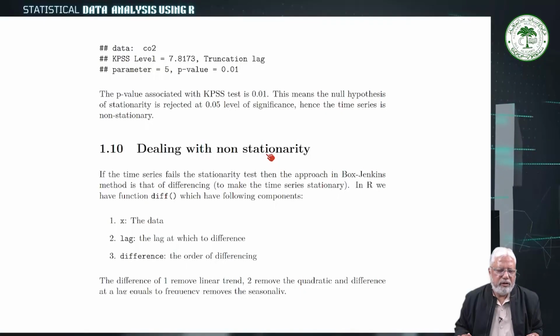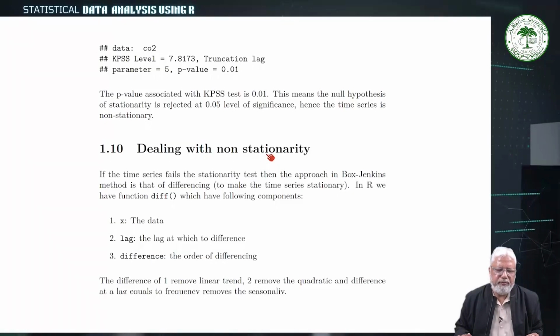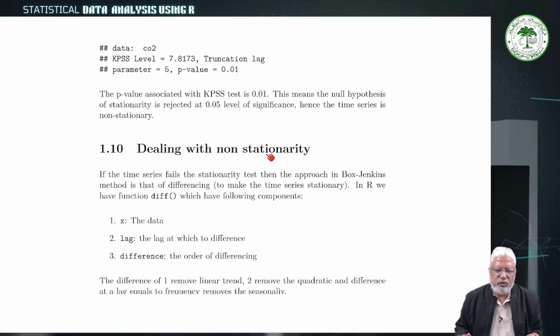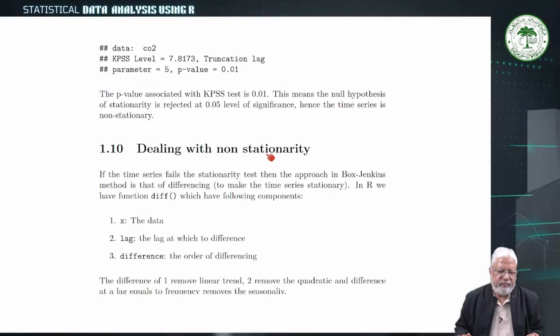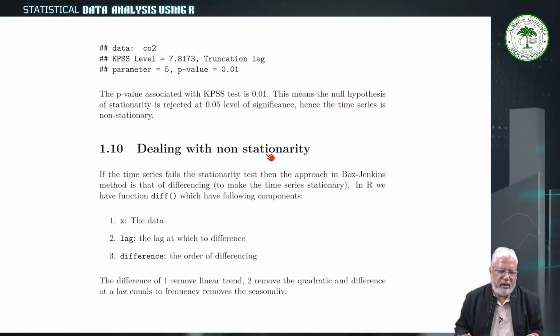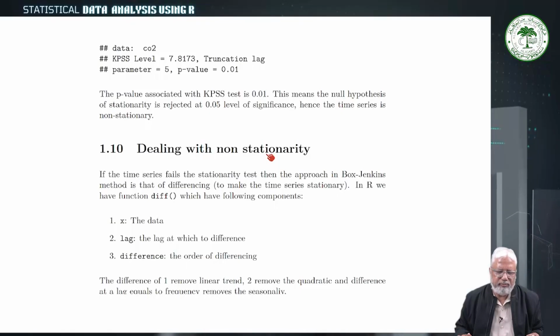In R, we have the function diff in base, which has the following components: x, the data, lag, the lag at which the difference is taken, and differences, the order of the differencing.